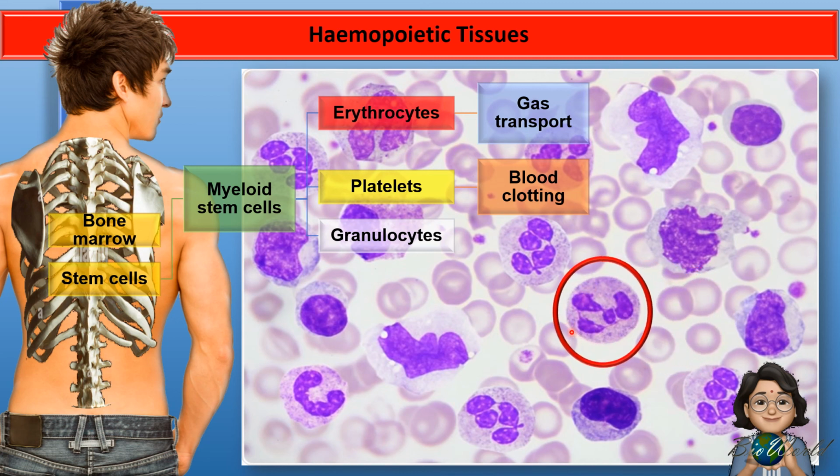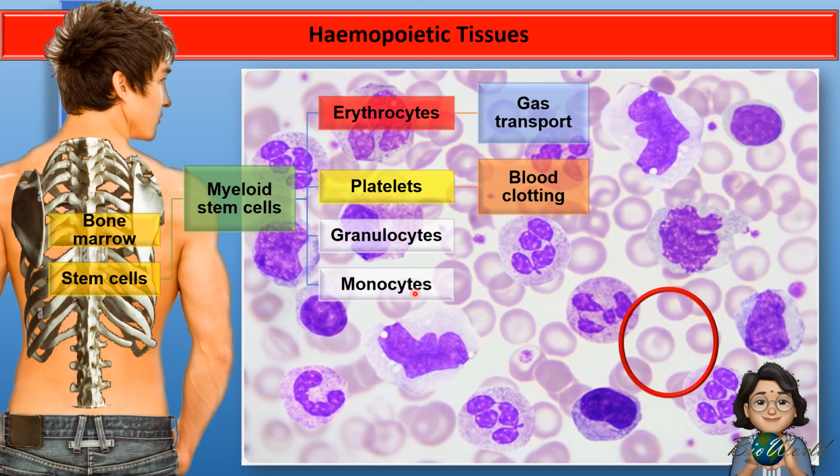These are the cells that have granulated cytoplasm and lobed nuclei, such as this cell, or even this cell. And also monocytes. Monocytes are agranulocytes. These are white blood cells that have clear cytoplasm and a large nucleus. The nucleus is more like a bean shape.